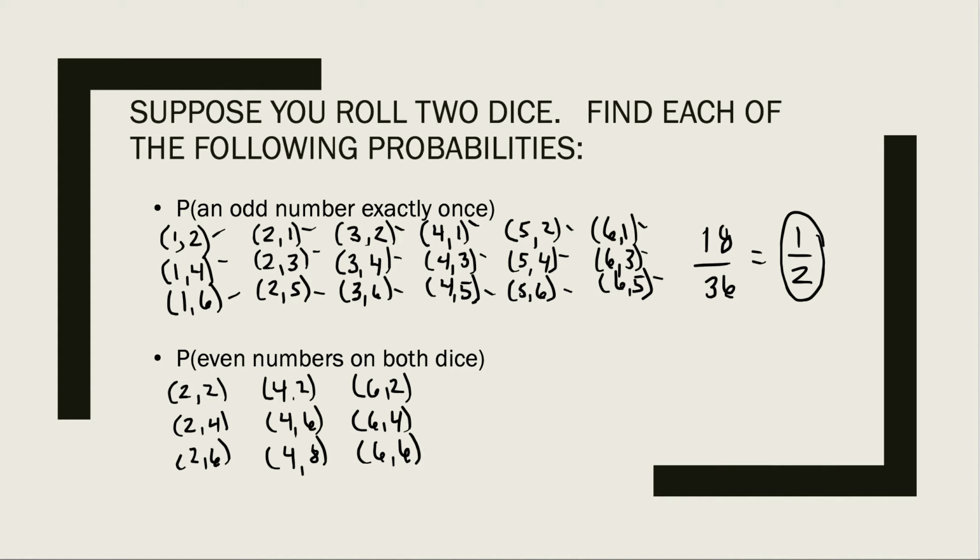All right, so how many are favorable? 1, 2, 3, 4, 5, 6, 7, 8, 9. 36 possible. Again, when we're reducing that fraction, both are divisible by 9, and so we would end up with 1 over 4.